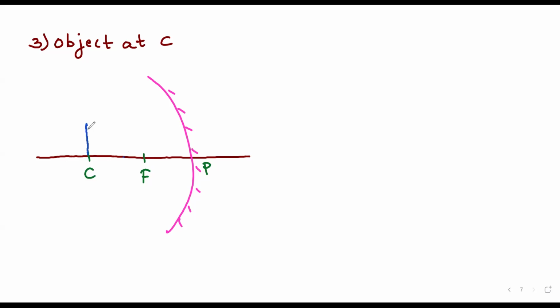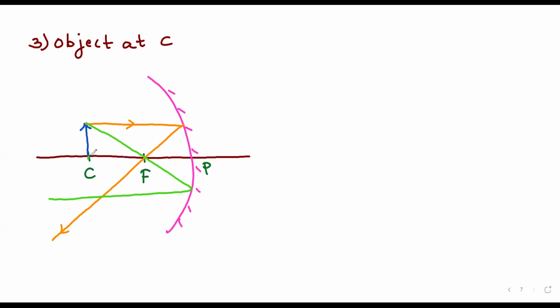Where? At C. The parallel ray after reflection will go through focus. Okay. The second ray through F. It will go parallel.